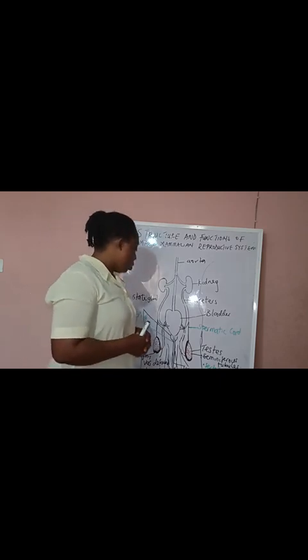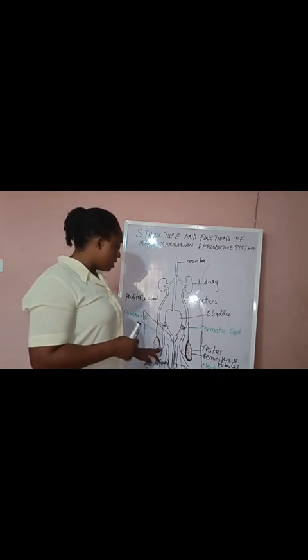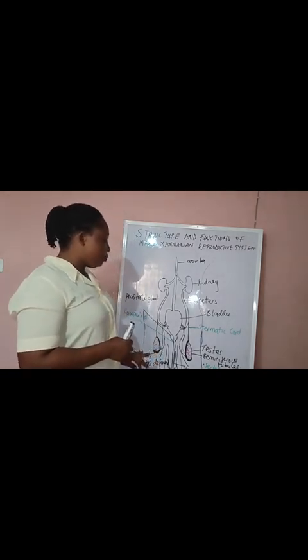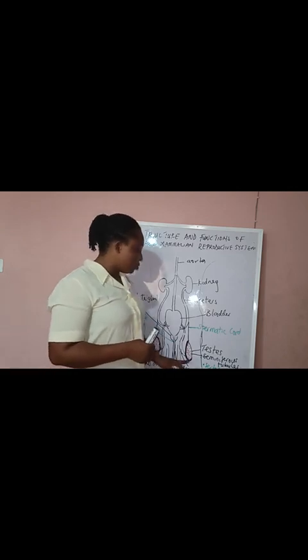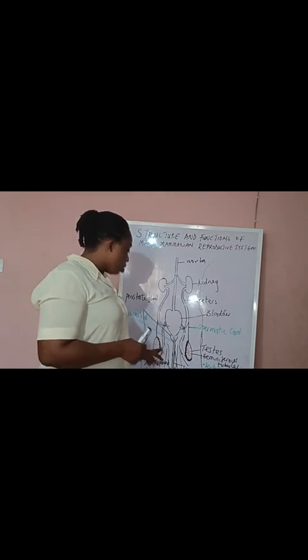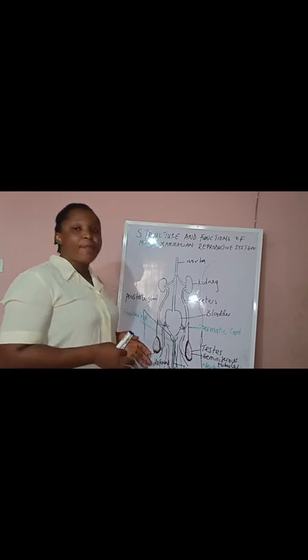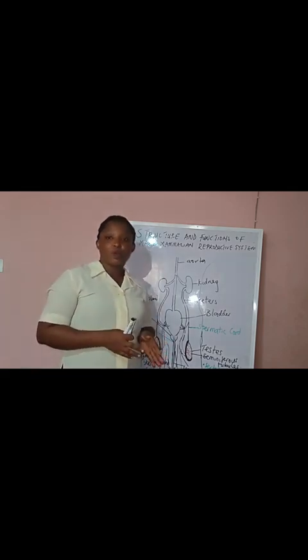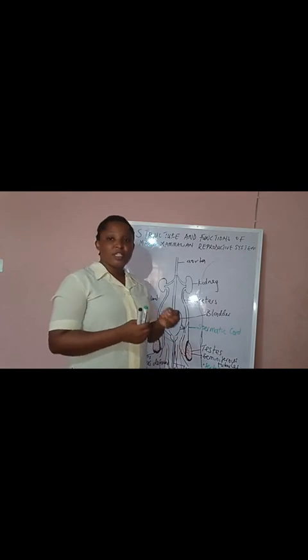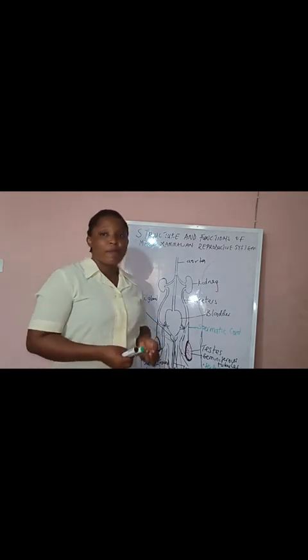Also we have the epididymis, located at the posterior aspect of the testis. This long coiled tube is where the sperm are stored. After being produced in the testes, the sperm are moved to the epididymis for temporary storage.